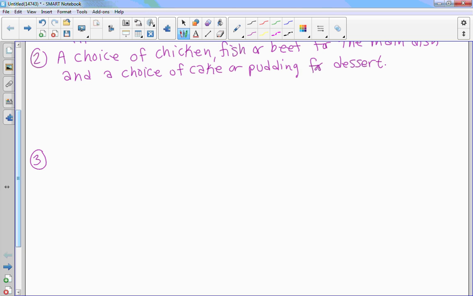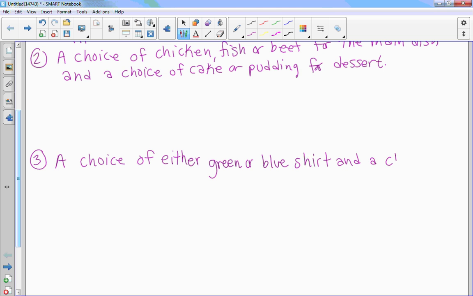A choice of either green or blue shirt, and a choice of blue, black, or khaki pants.